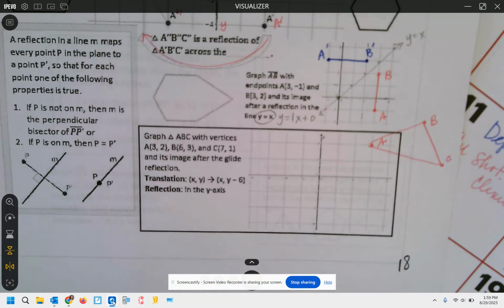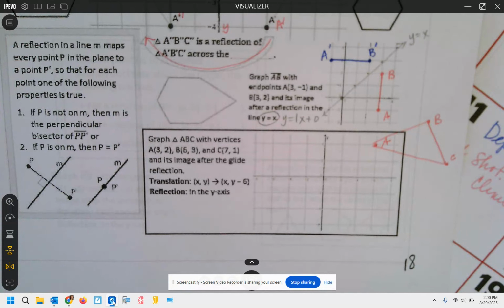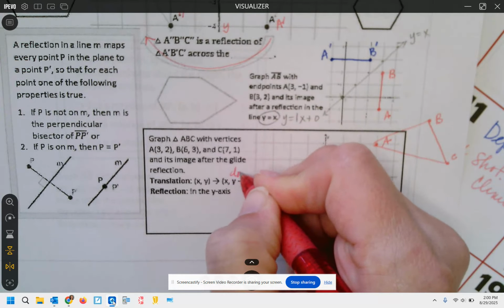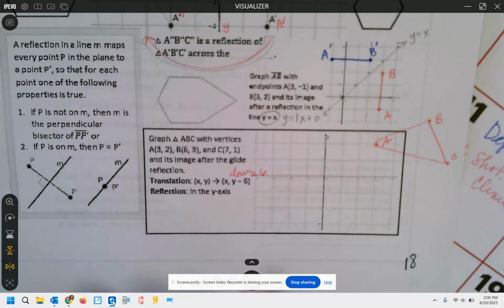Okay, we are supposed to do two things here. We have two different transformations. First, we're going to translate, it says x comma y minus 6. So since nothing is added or subtracted with the x, we don't have any horizontal movement. But since y is minus 6, that's going to take things down 6 units.